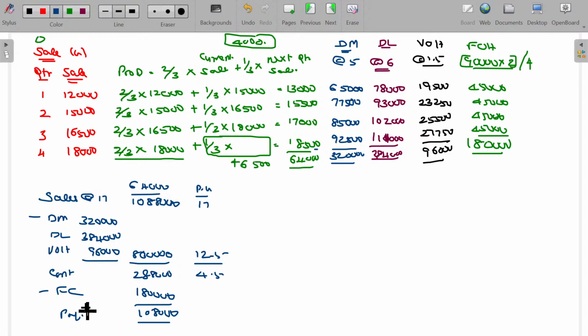Now I need to stand corrected. What is the sales here? Sales being 61,500 only, right? You have to calculate for 61,500. Otherwise, I can calculate on a per unit basis directly.